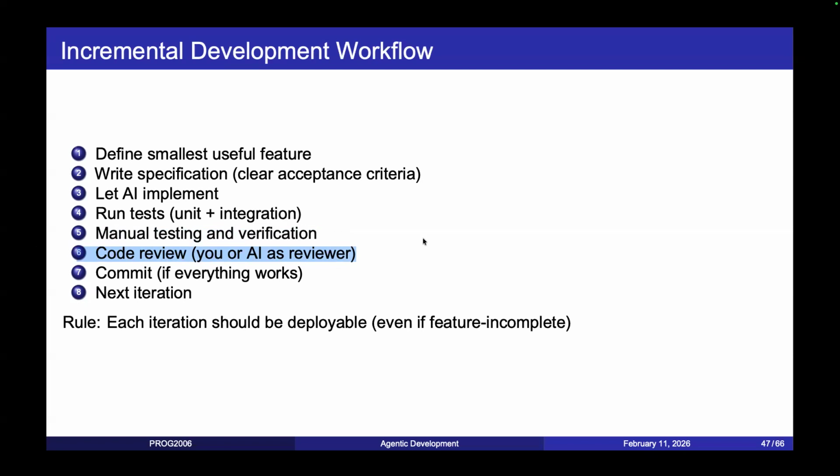The process reviews you have to do as a human, but for the code reviews and some of the other reviews, you can engage the AI to do them for you. And then you only commit once you have this definition of done. Once everything is good and you are happy, then you commit.